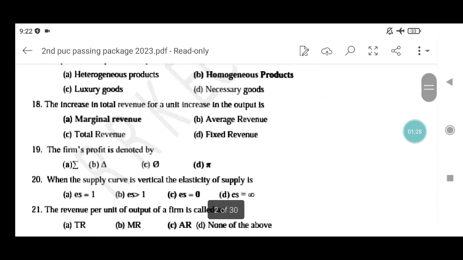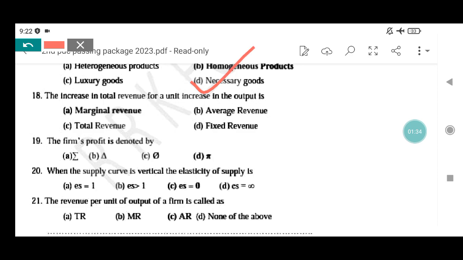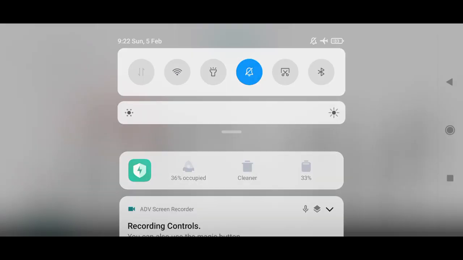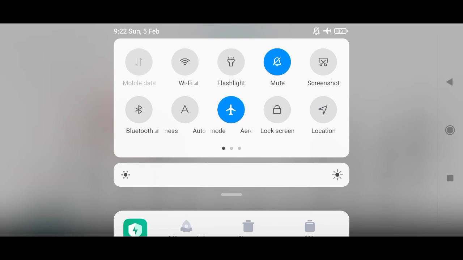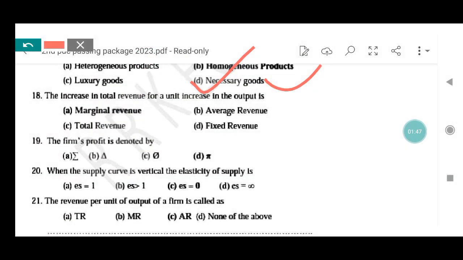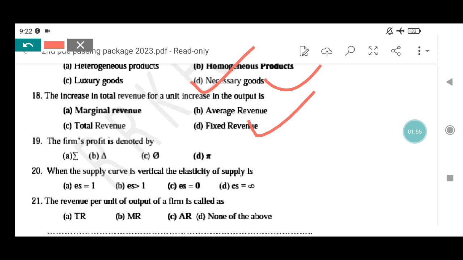Next one is, the increase in the total revenue for a unit increase in the output is called as. Means if one input is increased, so that we can understand, an increase in the total revenue leads to marginal revenue.